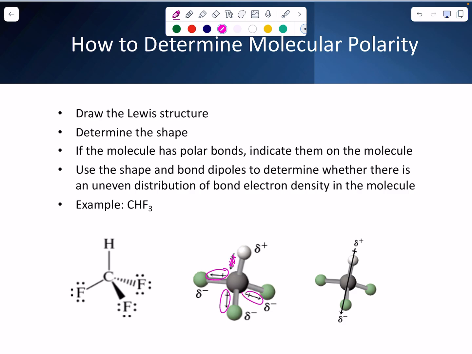Ignore that, because that's inaccurate in terms of the size of the arrow. But again, all these are going to add up so that you have a net force going down through the molecule.